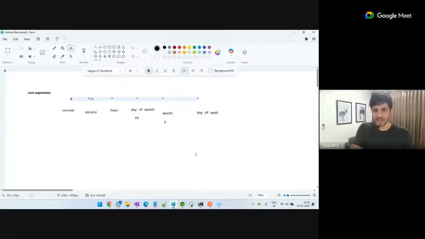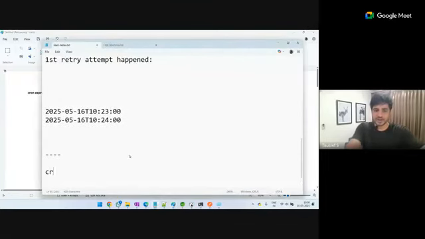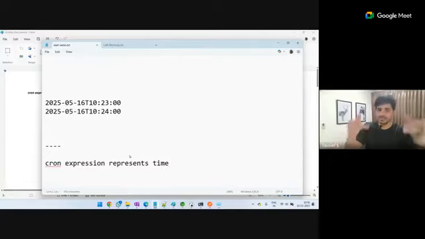Now, the first thing you need to understand about a cron expression is that it represents time. Any time can be represented in a cron expression. For example, what is the time today?